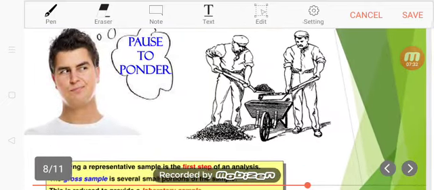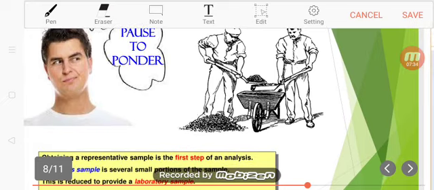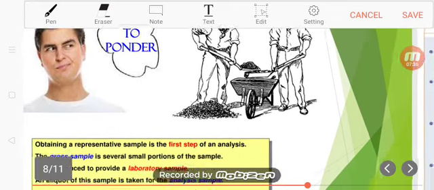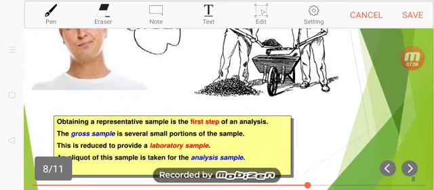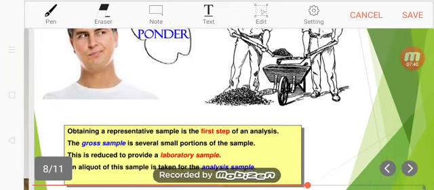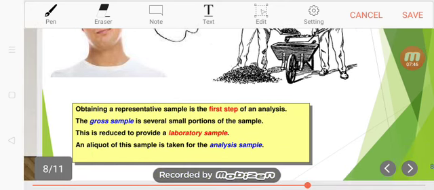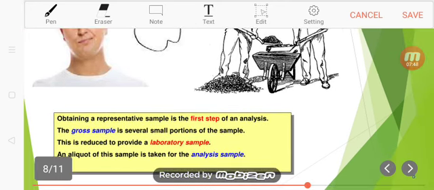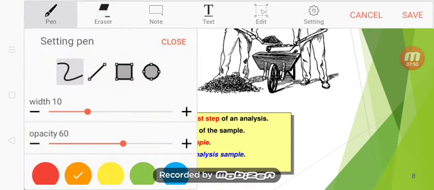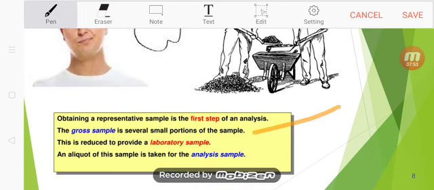Pause to ponder. Obtaining a representative sample is the first step in analysis. The gross sample is several small portions of the sample. This is reduced to provide the laboratory sample. An aliquot of the sample is taken for the analysis sample.